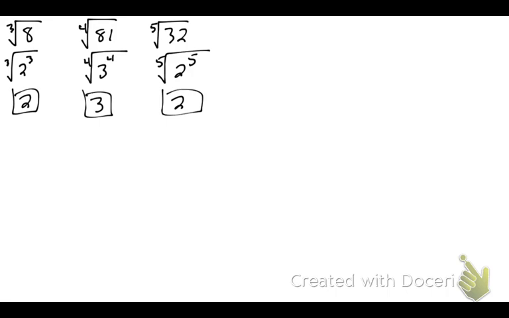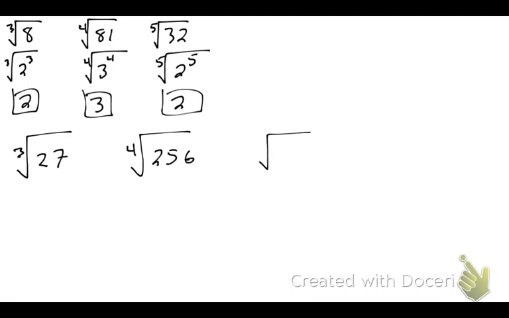Depending on the index of the root, that's the kind of group that we're thinking about. Why don't you try a couple more? Go ahead and simplify the cube root of 27, and then do the 4th root of 256, and then do the 5th root of 243. Hit pause and see what you can do with these.